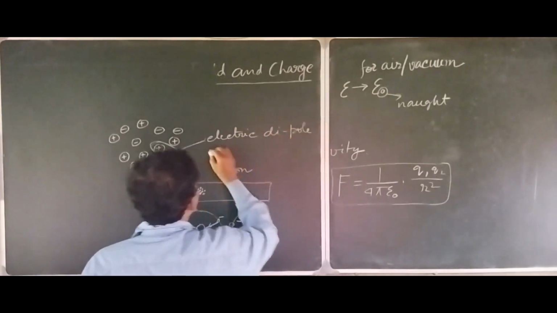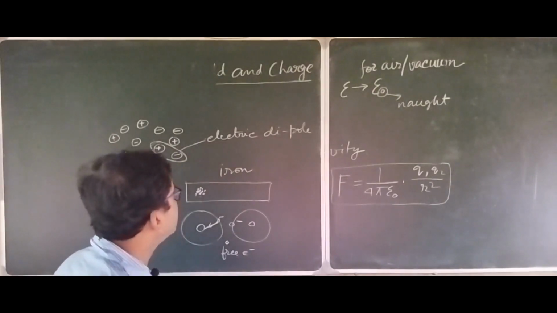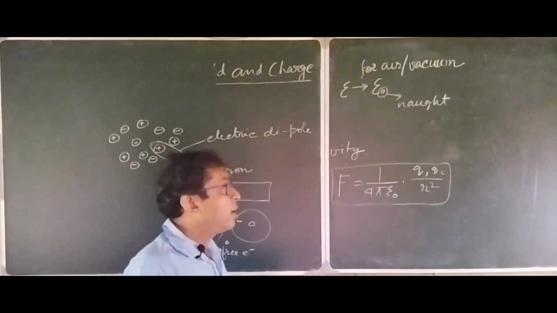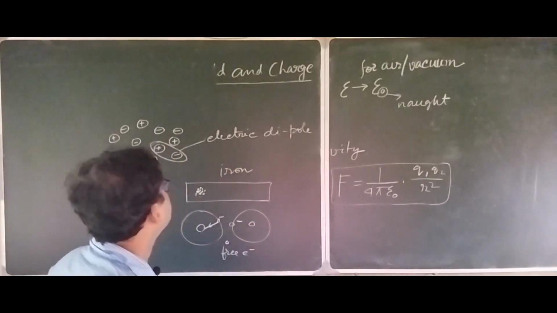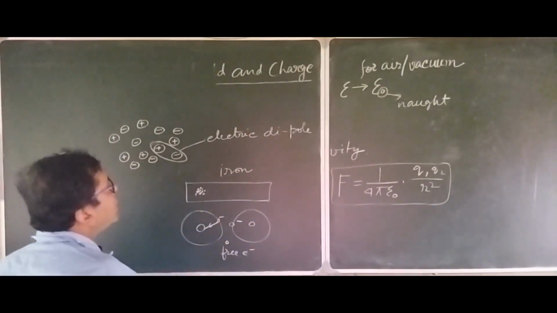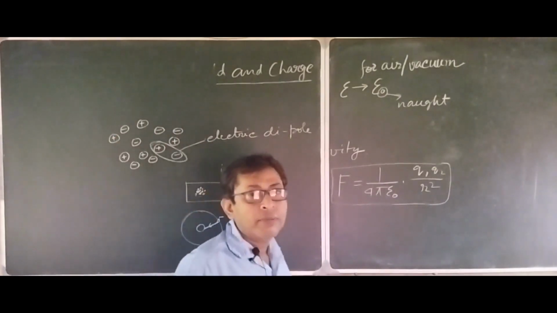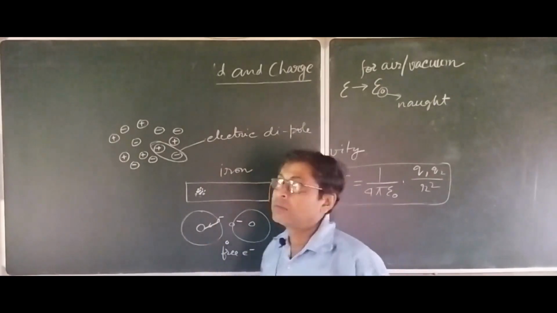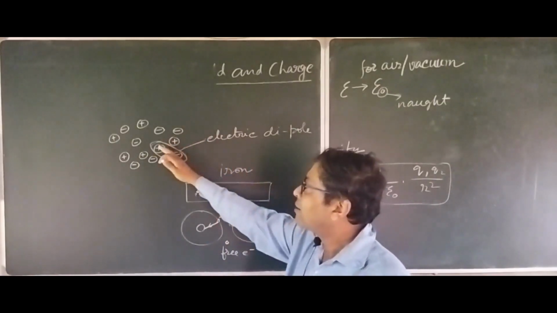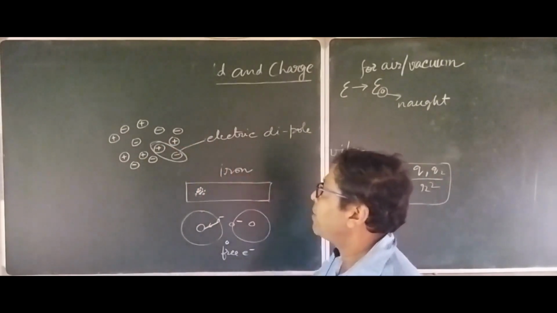And later you will find that these electric dipoles are actually responsible for the electrical and magnetic nature of any substance. Usually in the normal case, these electric dipoles are randomly arranged. They randomly stay inside this lamina.